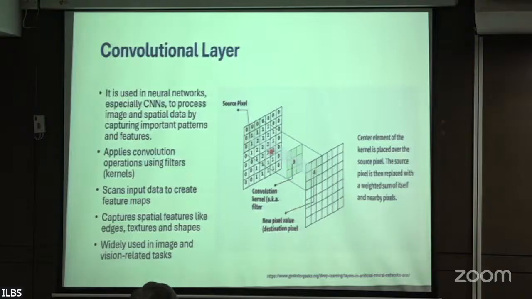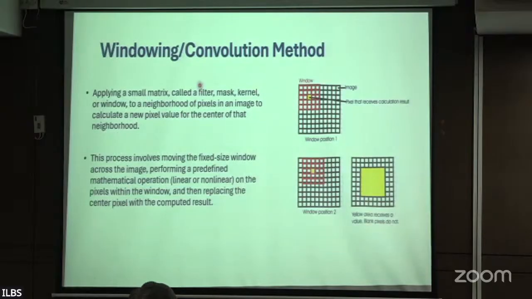It goes through the image sequentially and calculates some value. In this example, it first attaches to the top left corner, calculates some value, and the center pixel is replaced by the result of the operation. This is called filtering. I'll have some slides to explain it.